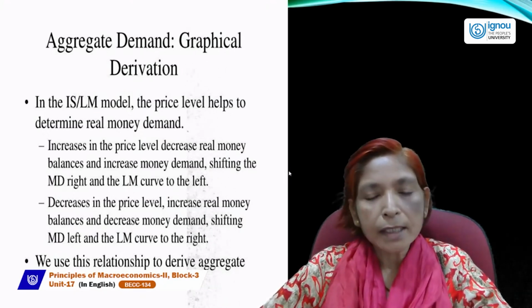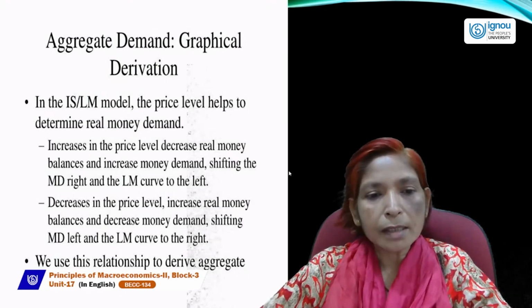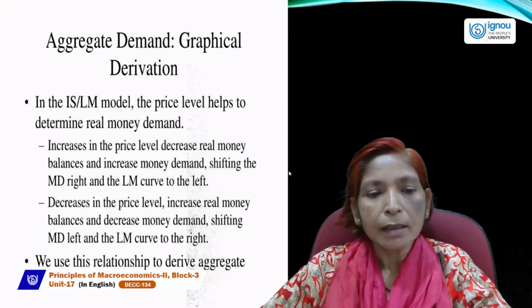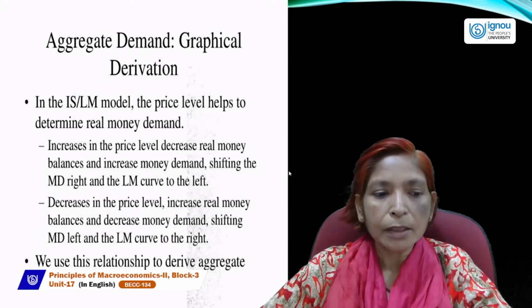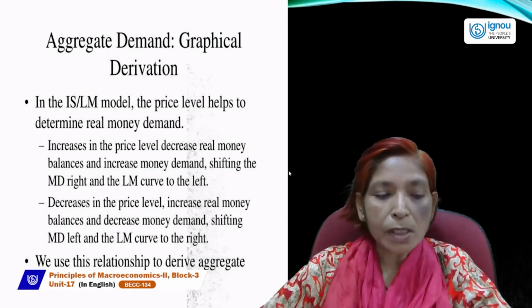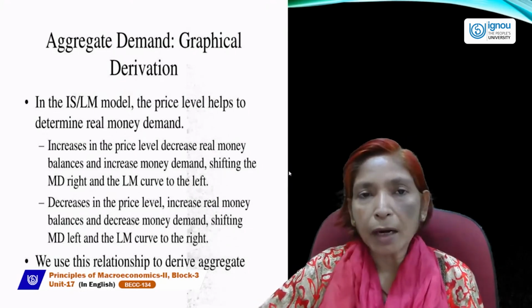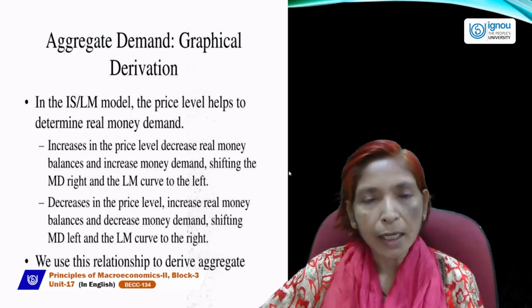On the other hand, a decrease in the price level increases real money balances and decreases money demand, shifting money demand to the left and the LM curve to the right. We use this relationship when we derive aggregate demand with the help of IS-LM curve analysis.